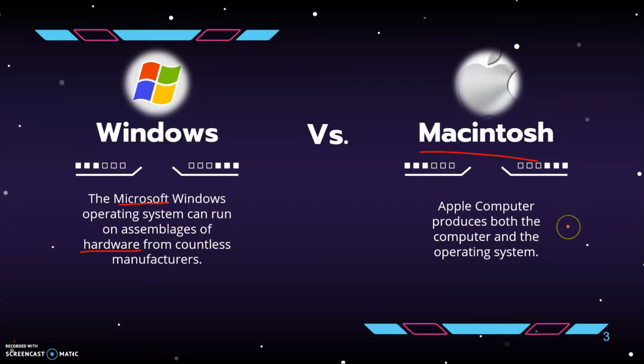So Apple computer produces both the computer and operating system, but Windows only produces the operating systems, okay. So that is the difference between these two platforms.